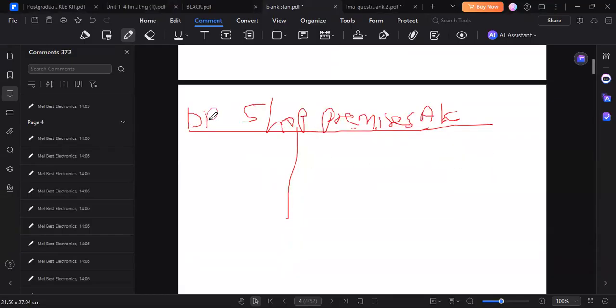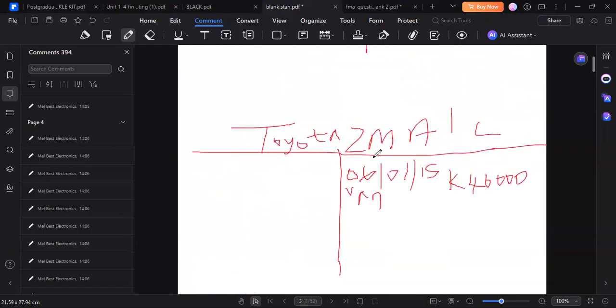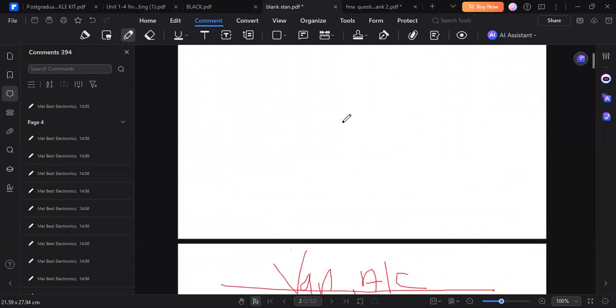Of course, this one is a debit and this one is a credit. So shop premises was 3,000, 06/01/15. This was by bank, 3,000. When we come to the other side here, we go to the bank account.